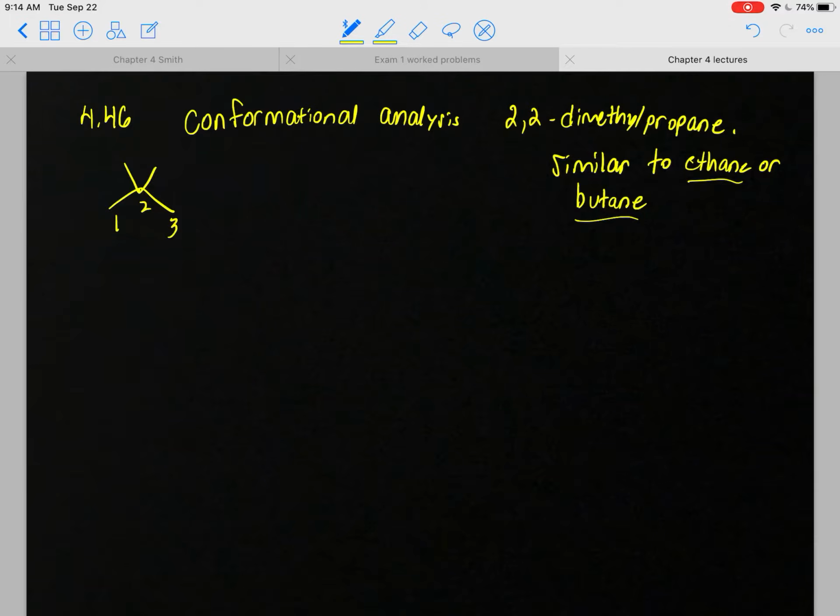And we have two methyl groups at carbon 2. Now, we need to have some three-dimensional information here in order to draw out Newman projections. So we've got a methyl group, a methyl group, a methyl group, we've got a hydrogen, hydrogen, and a hydrogen.